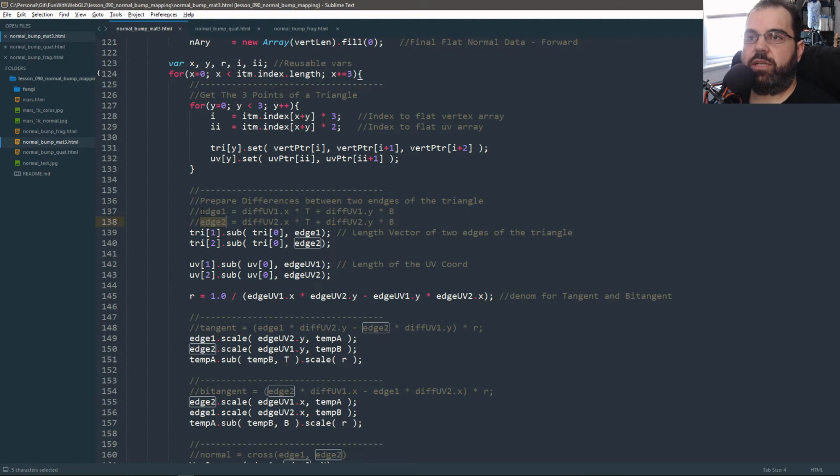Essentially, these two equations get rewritten in a certain way. Because the T and B are unknown, but edge 1, edge 2, and your UVs are known. I know how to rewrite equations based on one unknown, but I don't know how to rewrite equations based on two unknowns, so I can't really explain how this equation gets converted into these two other equations.